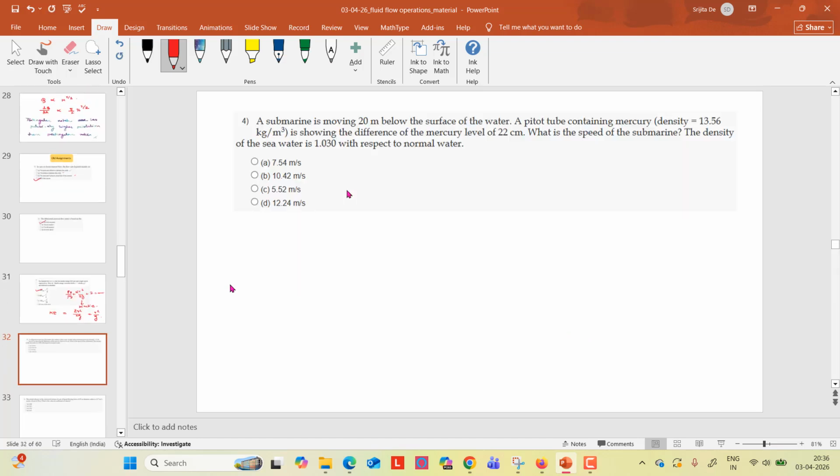Next, a submarine is moving 20 meters below the surface of the water. A pitot tube containing mercury is showing the difference of the mercury level of 22 centimeters. What is the speed of the submarine? The density of the seawater is 1.030 with respect to normal water.